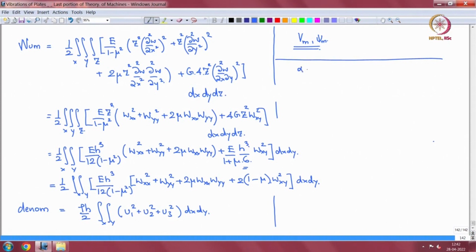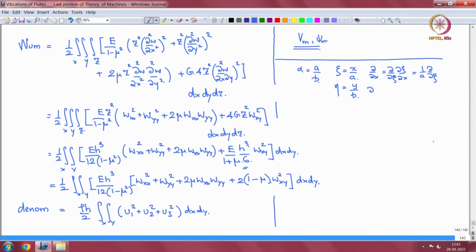It takes alpha as a by b, the ratio of the lengths, xi as x over a and eta as y over b, which means del by del x is equal to 1 over a del by del xi.